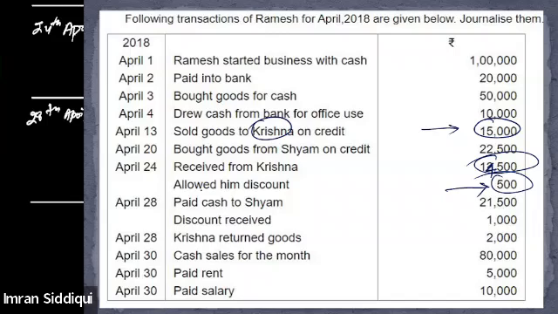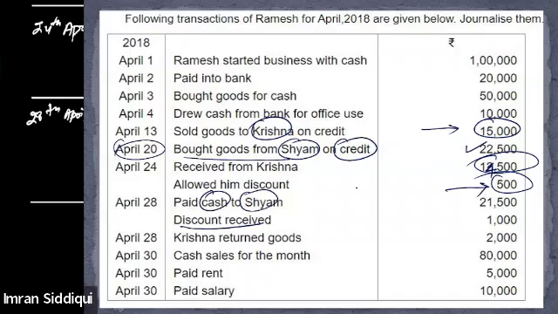The transaction on April 28 is saying that we have paid cash to Shyam, and he has given us a discount. Firstly, you need to understand how much we are required to pay Shyam. We bought goods on April 20 from Shyam for rupees 22,500 on credit. That means 22,500 is payable to Shyam.